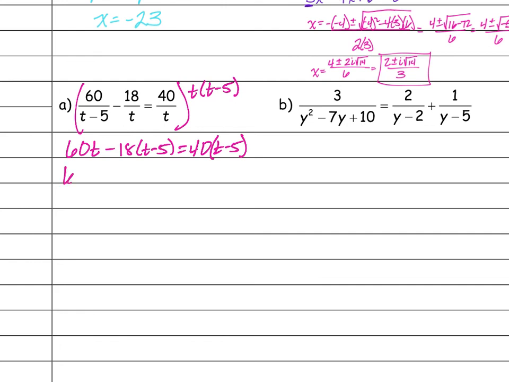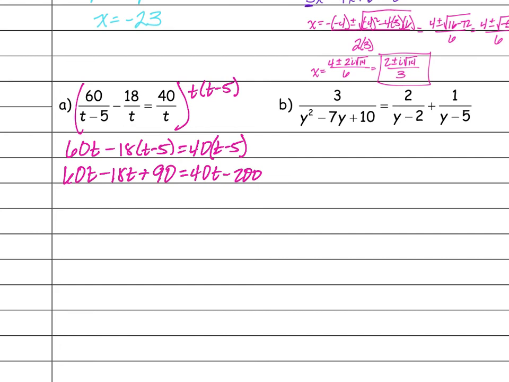So then I get 60t minus 18t plus... what is 18 times 5? It's 90. Equals 40t minus 200.